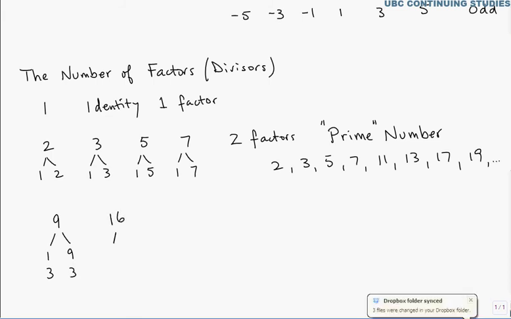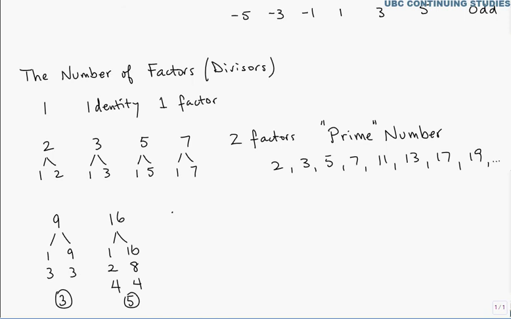What about 16? Could write that as 1 times 16, or 2 times 8, or 4 times 4. Again, 1, 16, 2, 8, and 4. That has 5 factors. So 9 has 3 factors and 16 has 5 factors.